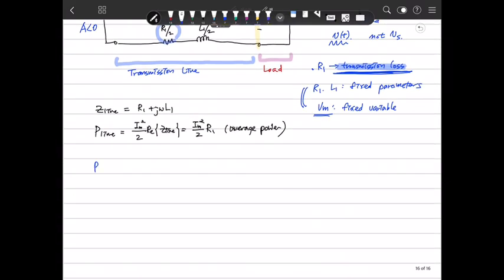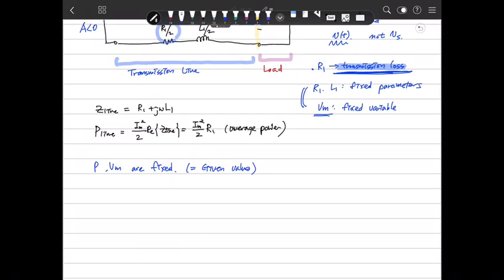Then P is fixed, and Vm is fixed. P and Vm are fixed values. This is a given. That means these are given values. This is not variable from the viewpoint of the grid operator.